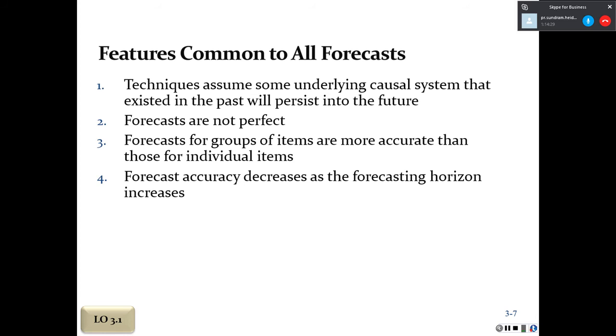An example of this would be weather forecasts. They get paid to be right a certain amount of times. They use computer generated models, and most of the time they're pretty accurate, but there are other times where they're not accurate.